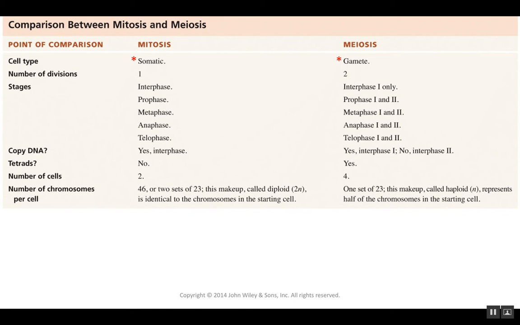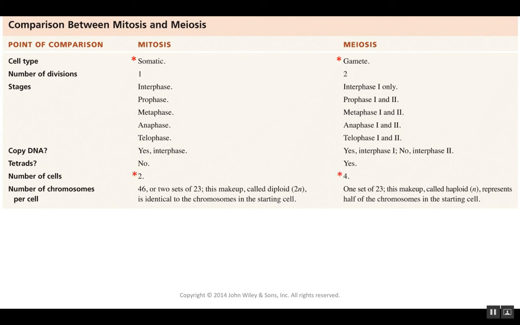So as a result of meiosis, you get four cells that are genetically different. All right? That's the key to meiosis. You're producing genetically different gametes. So when those gametes merge back together, sperm and egg, you have a genetically different individual.